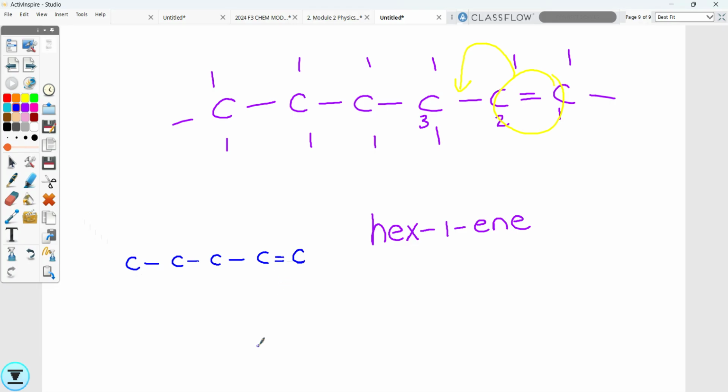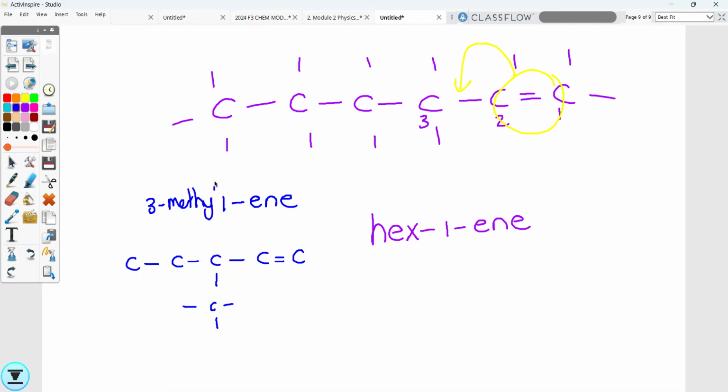It'll be 3-methylpentene if you put it on the third one. That would be a chain isomer, 3-methyl.